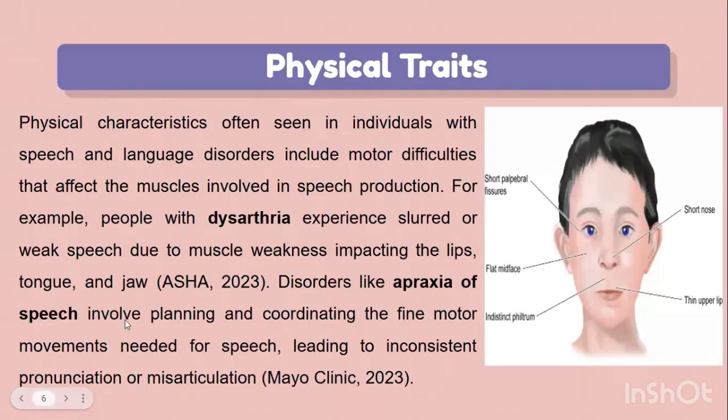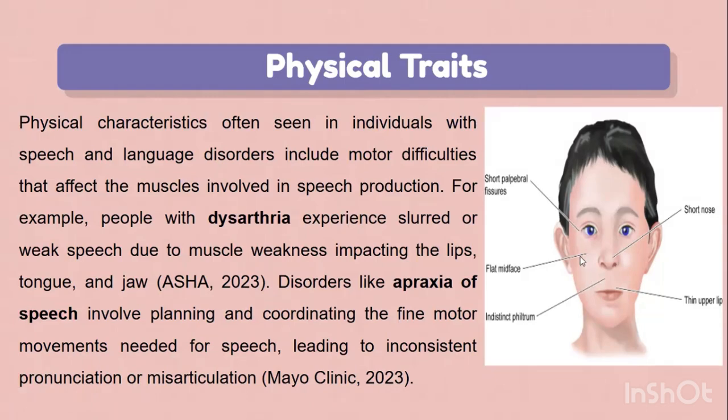Now, some physical traits. But before I get into this explanation, as you can see in this picture, it's showing that this boy has a short nose, thin upper lip, and a flat mid face. Physical characteristics often seen in individuals with speech and language disorders include motor difficulties that affect the muscles involved in speech production, as I said earlier about the thin upper lip and the flat mid face.